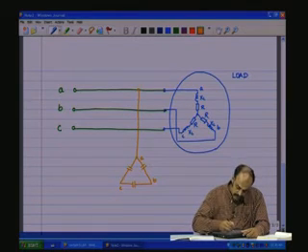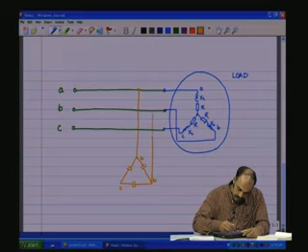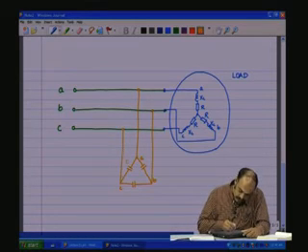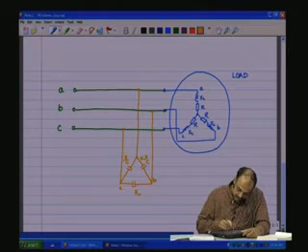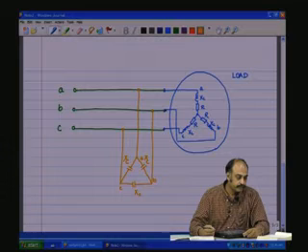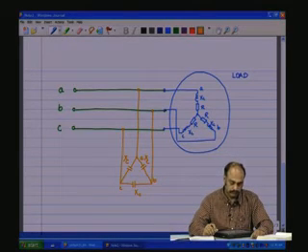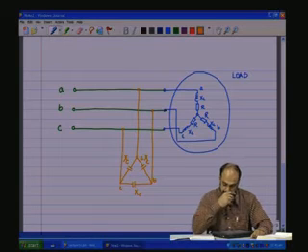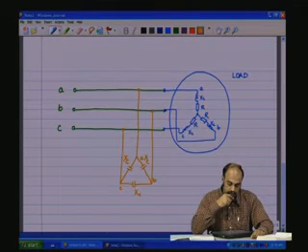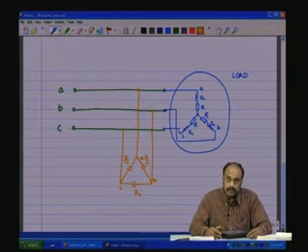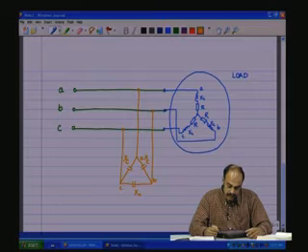A is connected to the A phase, B is connected to the B phase, C is connected to the C phase. These are XC, XC, XC capacitive loads. So, now let us analyze this particular configuration. It is a pretty common configuration that you will come across, and let us study how the vector diagram looks.